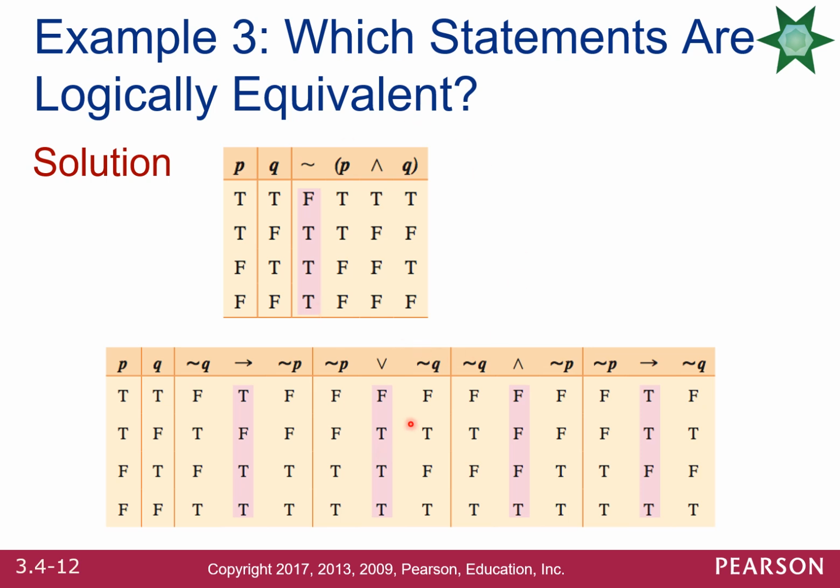So now we have the truth tables for all the statements that were given to us, the initial statement with which we have to check the equivalence, and then the 4 statements that followed below, the 4 choices. So we have the truth tables worked out for the topmost, the initial statement, so to speak.